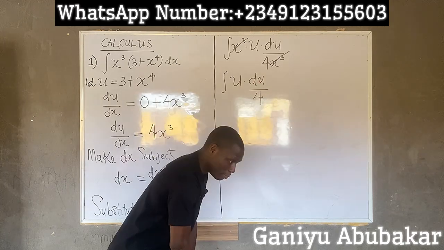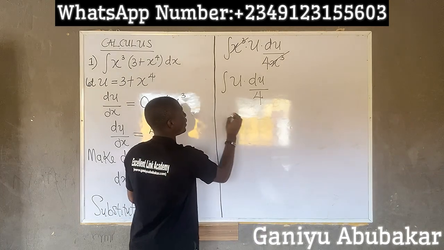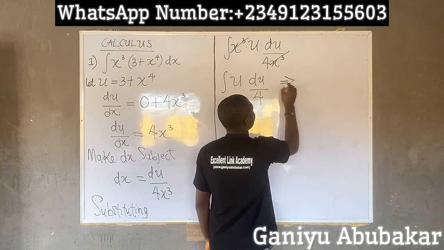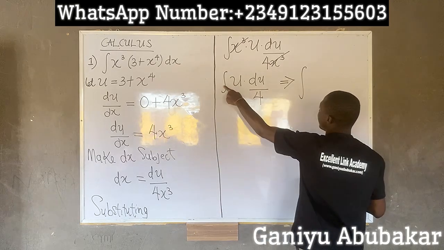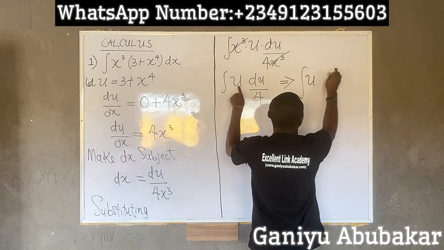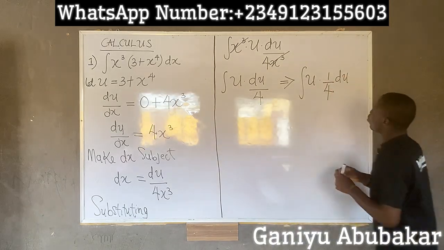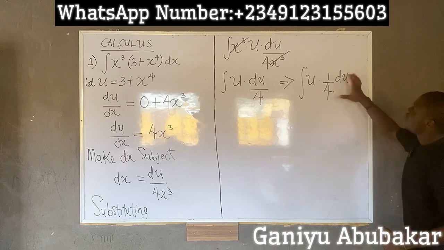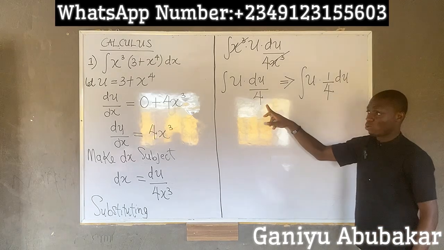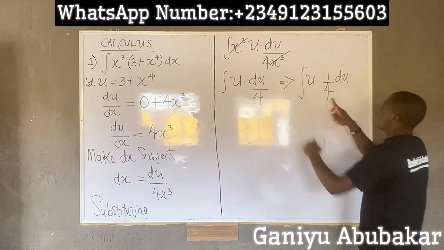Here's the concept. This can still be broken down as the integral of u times 1 over 4 du. So 1 over 4 du is the same thing as du over 4.